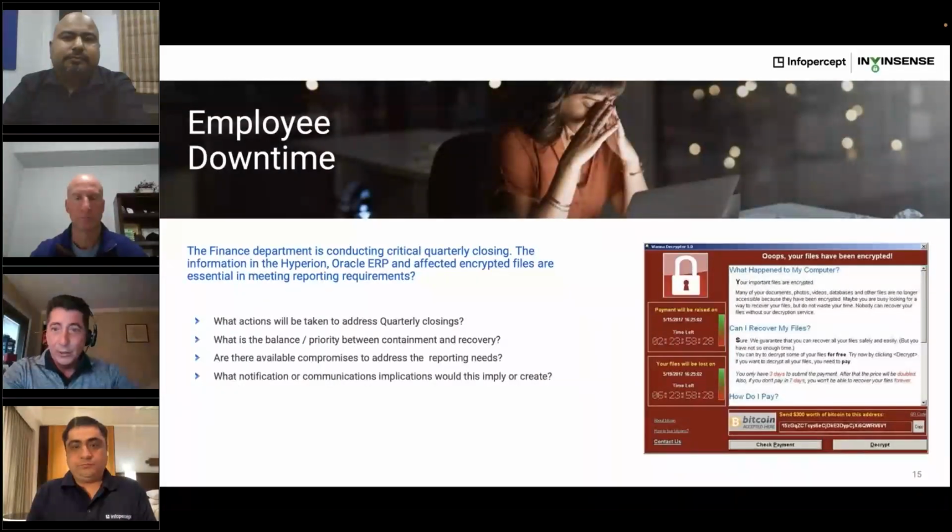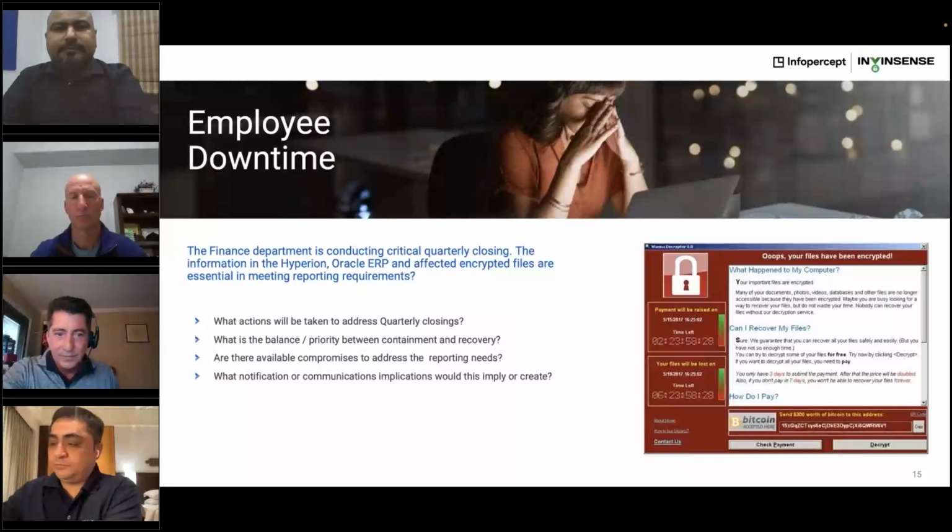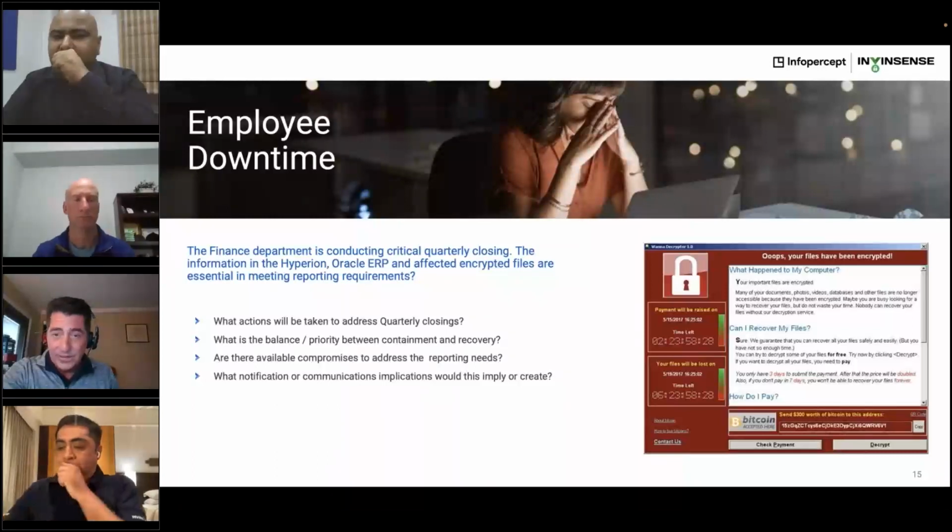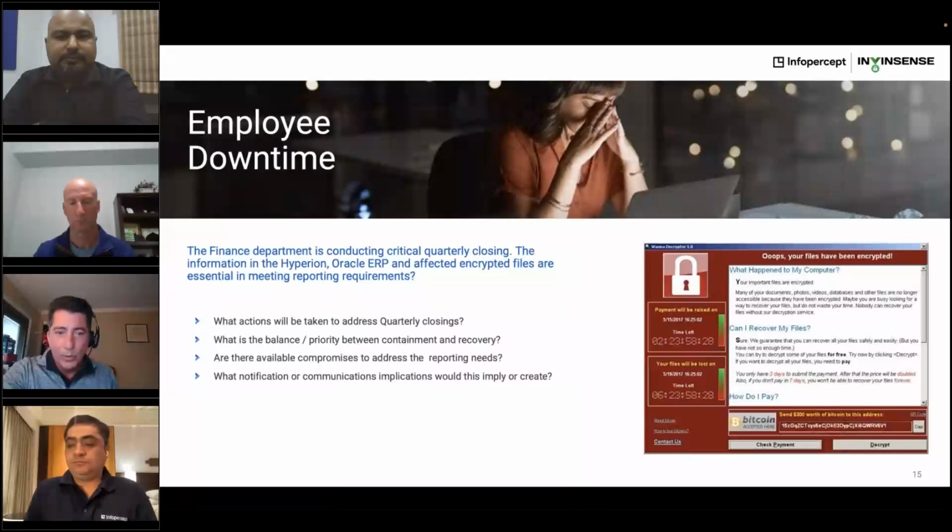All right, so again, looking at impacts, we're already hitting a place in the exercise where we've got employees not being able to do what they need to do. In this case, we're talking about quarterly closing. So again, business impact. What are the priorities now that we have this many people not doing that amount of work? What are the priorities that we as a crisis management team have to put in place to organize going forward?